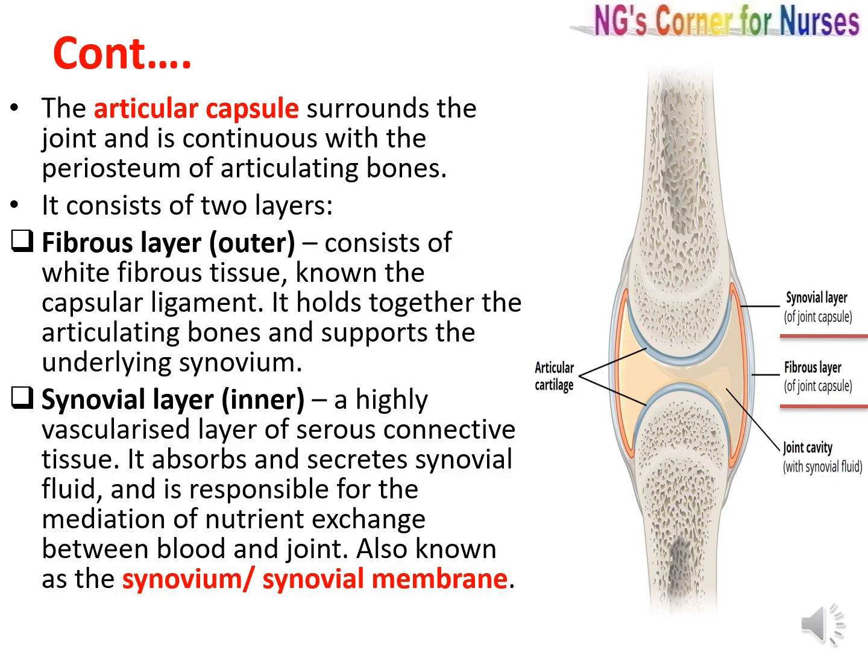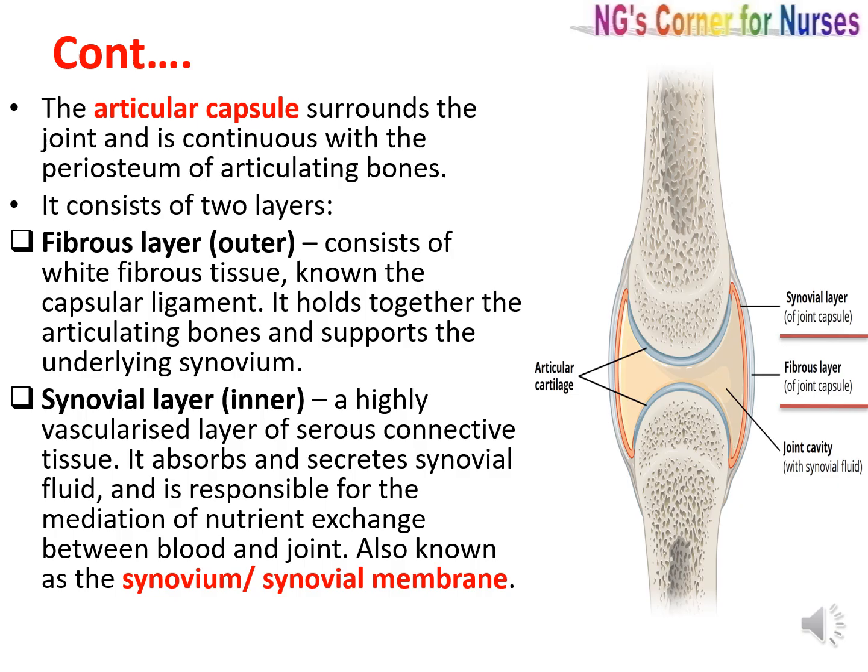First is the articular capsule. Articular capsule surrounds the joint and is continuous with the periosteum of articulating bones. It consists of two layers: fibrous layer or the outer layer and the synovial layer or the inner layer. The outer layer consists of white fibrous tissue known as the capsular ligament, and it holds together the articulating bones and supports the underlying synovium.